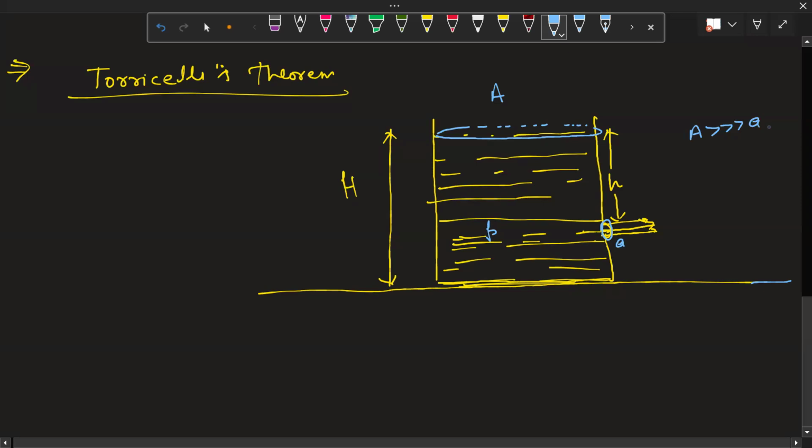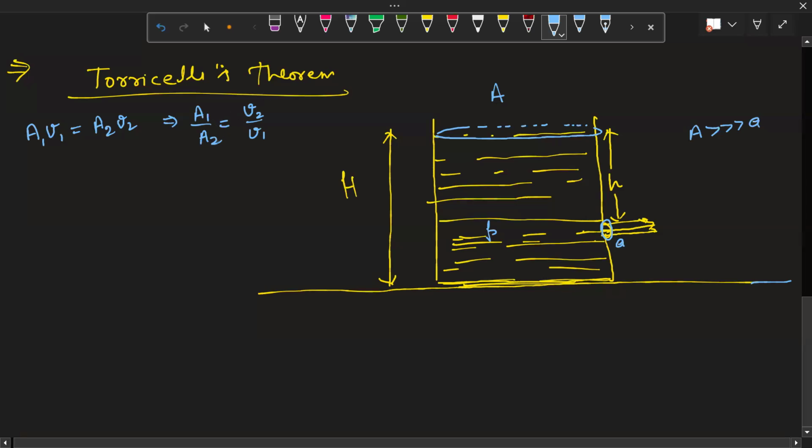So what we understand from the principle of continuity, that is A1 V1 is equal to A2 V2, and it says that the A1 by A2 ratio is actually V2 by V1 ratio. It means it is an inverse type of ratio.